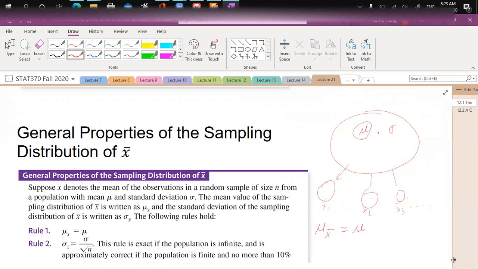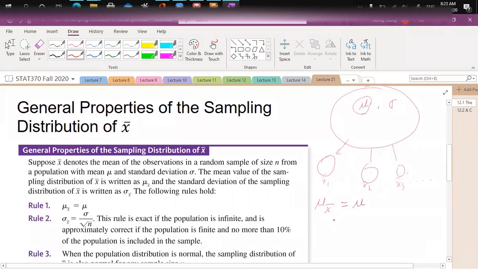And also the standard deviation of those means, denoted by sigma sub x bar, is given by sigma over root n. This n is the sample size, and sigma is the standard deviation of the population. So these are the characteristics of the sampling distribution of x bar.